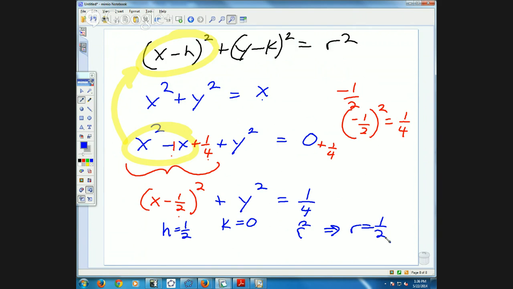So what we've discovered is that the polar function r equals cosine of theta is a circle with center (1/2, 0) and radius 1/2.